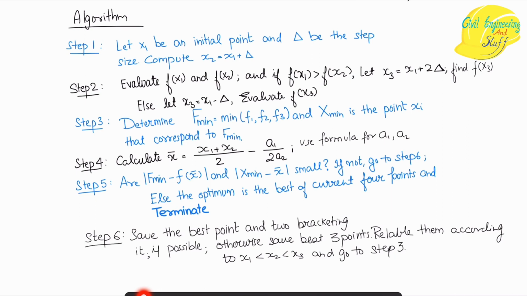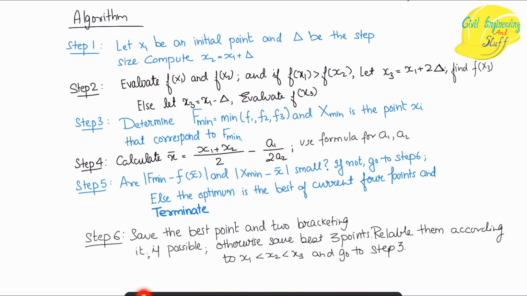At this point we have 3 points: x1, x2, and, based upon the situation, x3 through one equation or the other. From these we will find out which of the points x1, x2, or x3 is giving the minima of the function, and that will give the minimum function value.